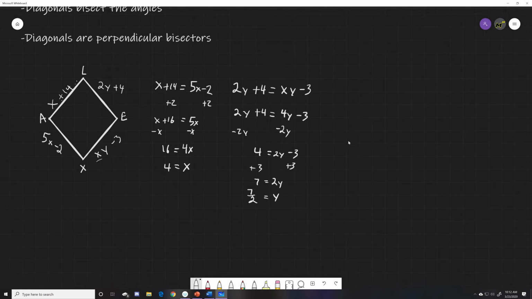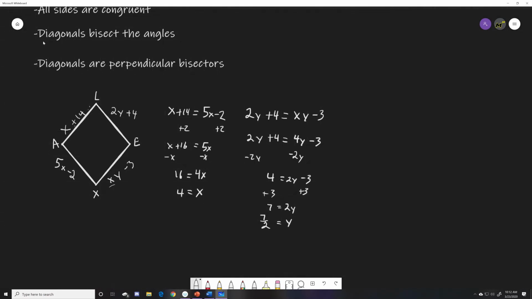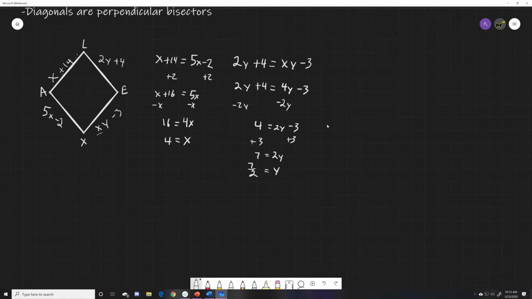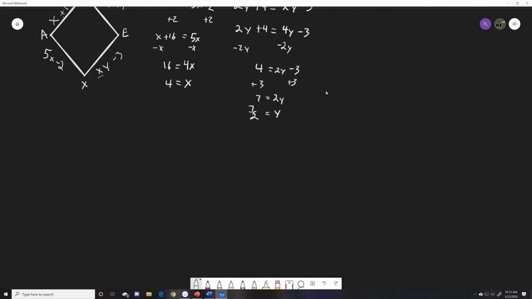Okay, let's look at the second characteristic, diagonals bisect the angles. Let's check it out. So let's have another rhombus. A slightly better rhombus this time. And we're going to call this one Fran.